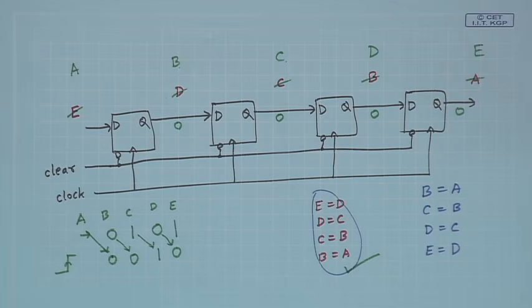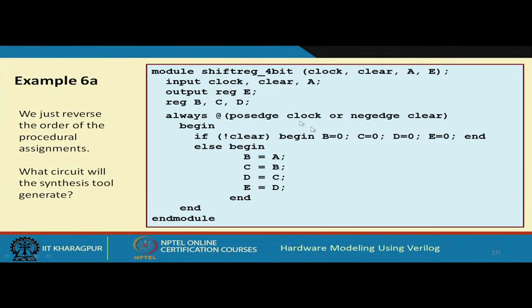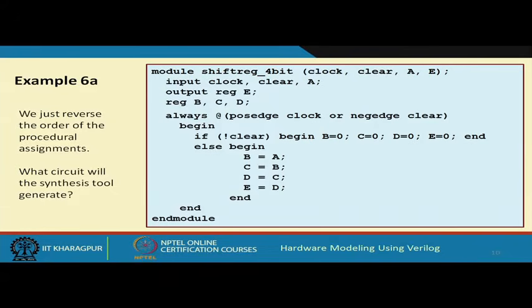So, we just reverse the order of the procedural assignments, and the remaining thing is unchanged. You may think that we are still trying to do a shift register, so whether you specify this first and then that, or that first and then this, should not matter. But suppose you do it like this, then what will happen? Let us see.